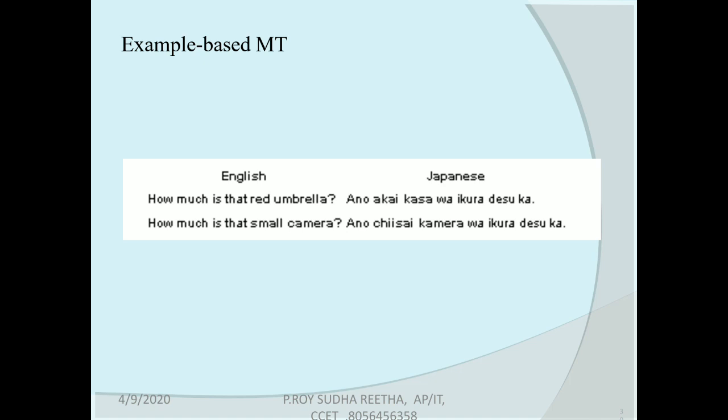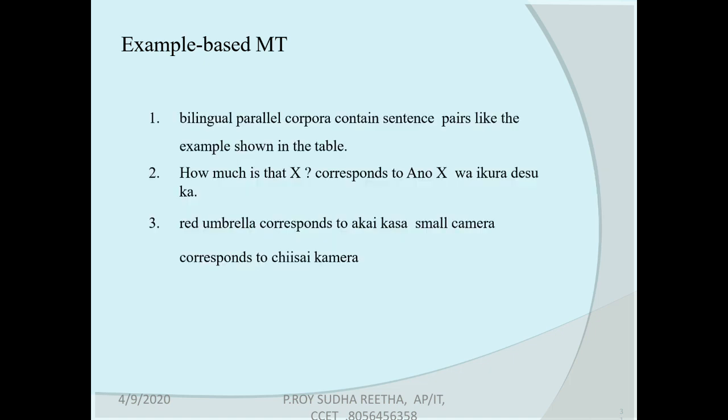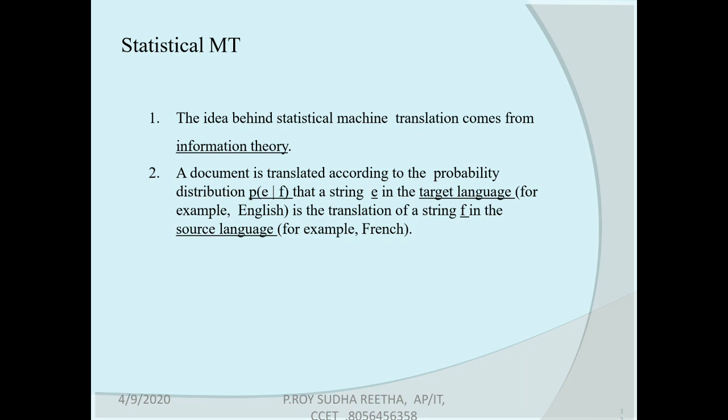And this is the statement given for example based machine translation, English language and the conversion into Japanese language. The slide shown before is explained here, the conversion from source language to target language.